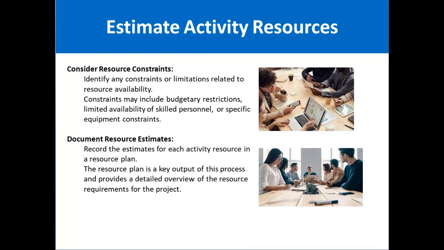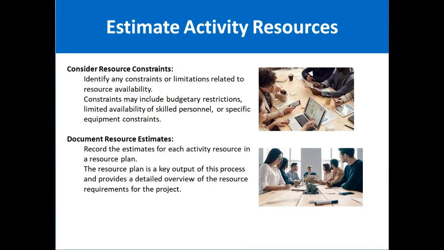Then next is considering resource constraints, meaning you must know the limitations related to resource availability. For example, if the software developer is not available in the month of January, how could you start the work? Or for example, the hardware you ordered from outside the country will not be available for the next 1 month.